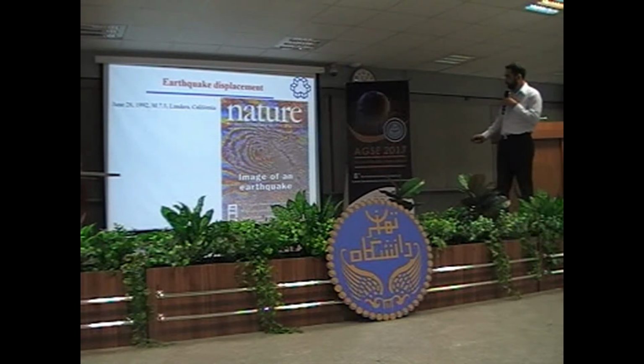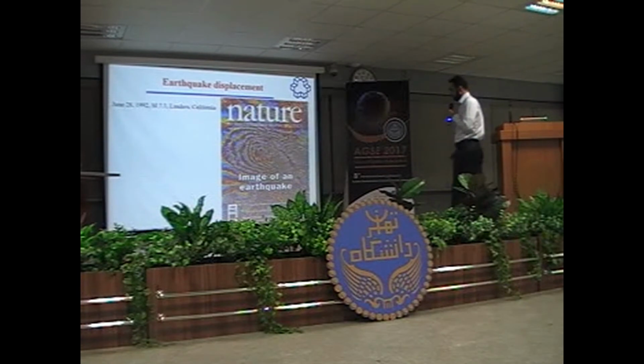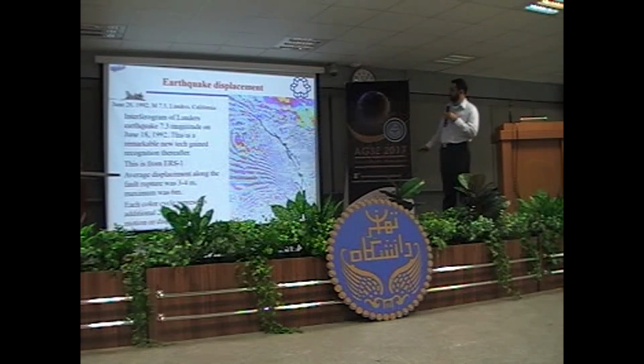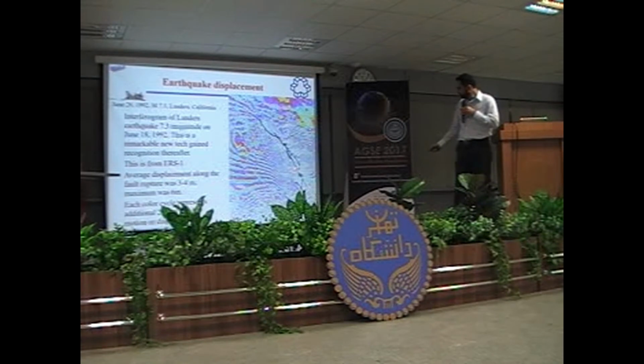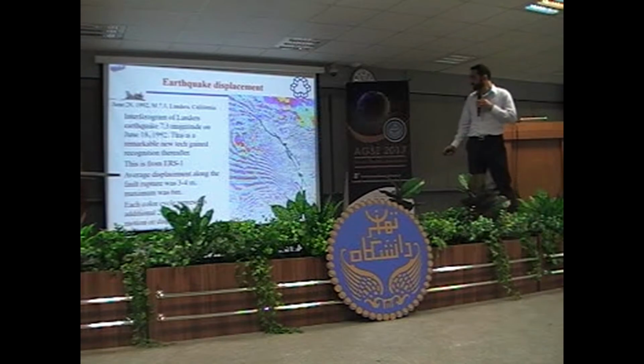It was a 7.3 earthquake, and all the amount of deformation can be calculated fringe by fringe. The average displacement along the fault was about 3 meters in this case.